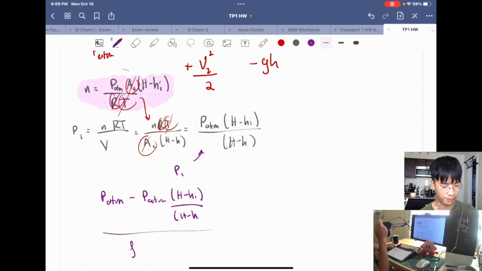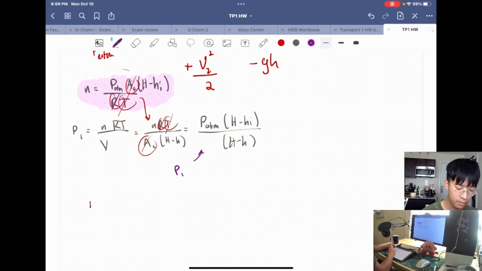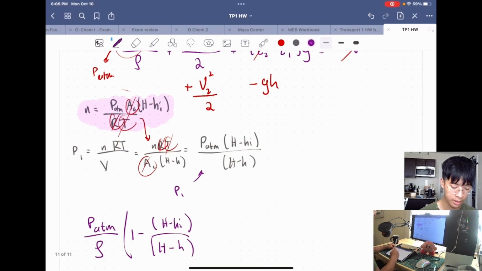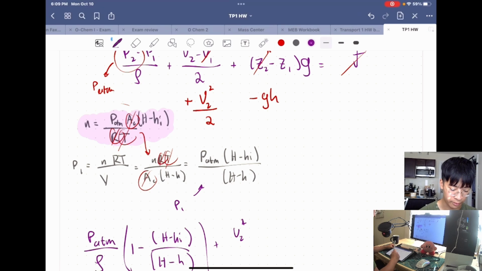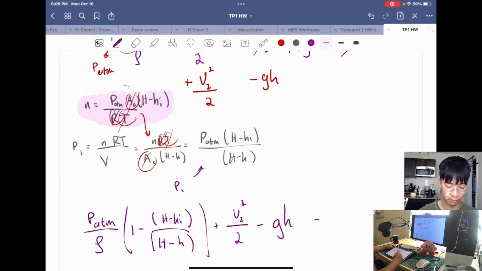We can factor out PATM and rho. We now have PATM over rho multiplied by 1 minus (H minus HI) over (big H minus little h), plus V2 squared over 2 minus gh equals 0.